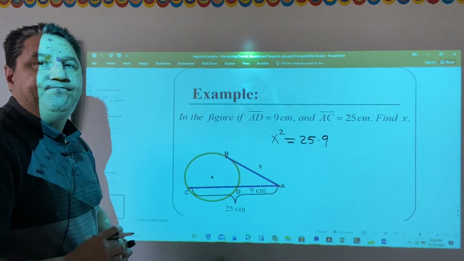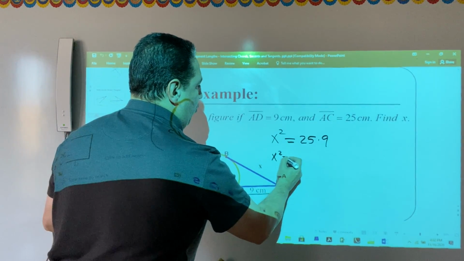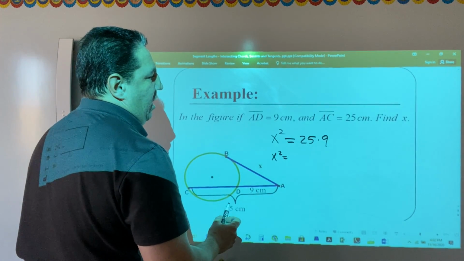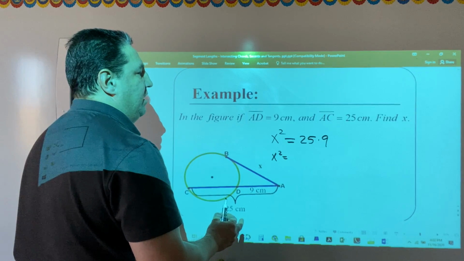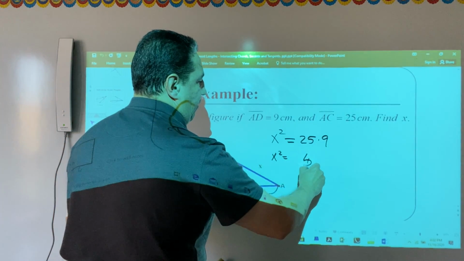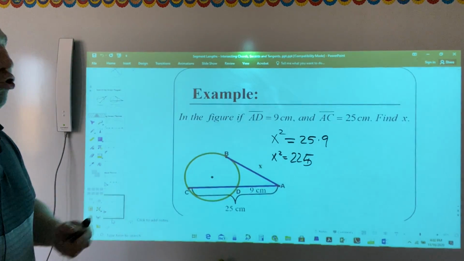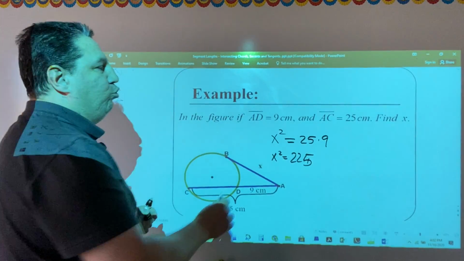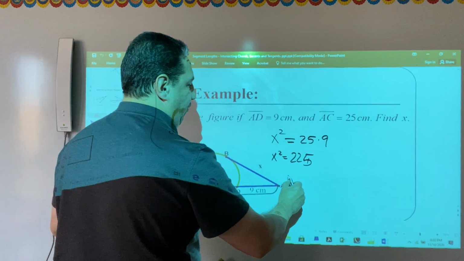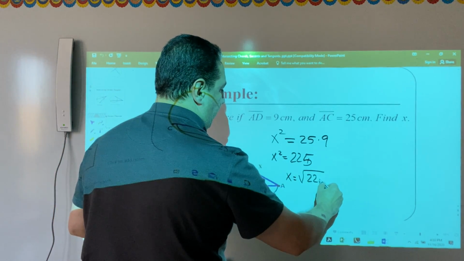Now, we're going to have x squared equals 25 times 9, which would be 225. Now, to get x, we have to take the square root of 225.